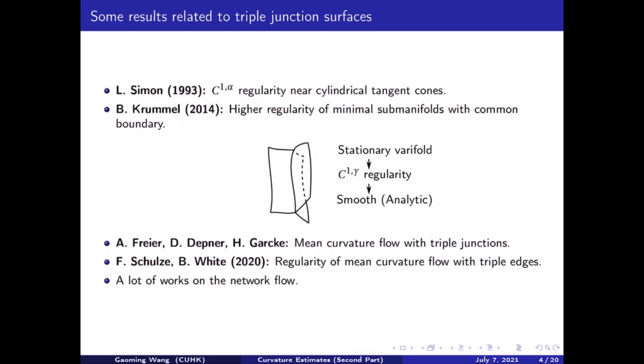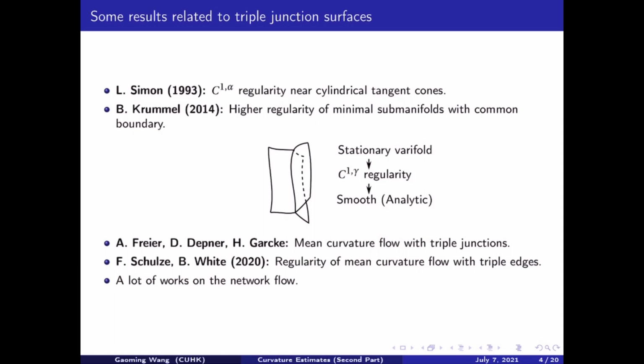Regarding triple junction surfaces, there are still a lot of results related to them. Here we list some of the related results. Li and Simon showed the regularity result near cylindrical tangent cones. After that, Brian Krummel showed the higher regularity of minimal submanifolds with the common boundary from C^{1,α} regularity.